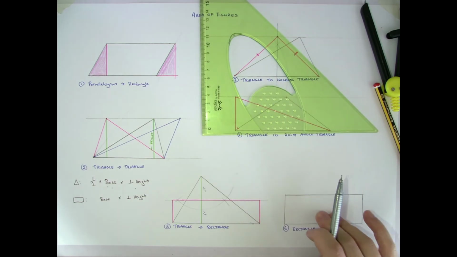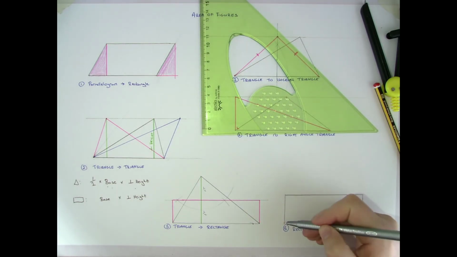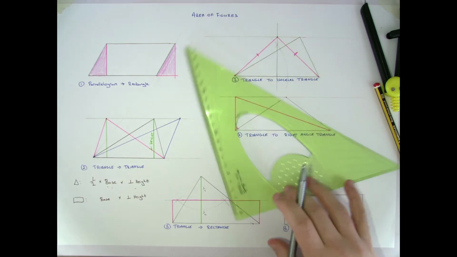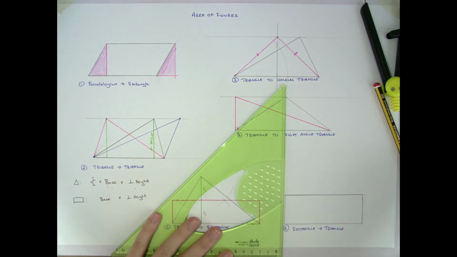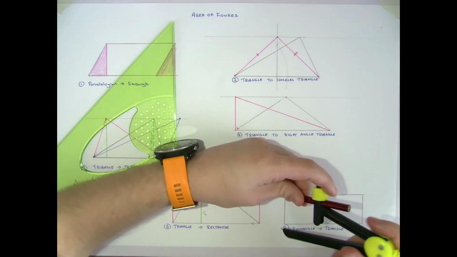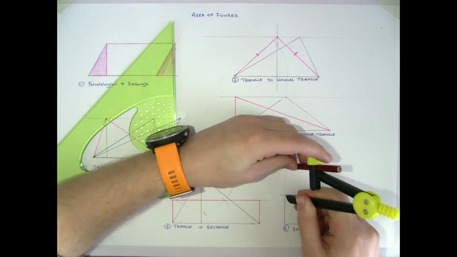Doing the opposite in effect here. This is half, if this is my height, to get a triangle of equal area, I need to double that height. So I just copy the height here and double it.